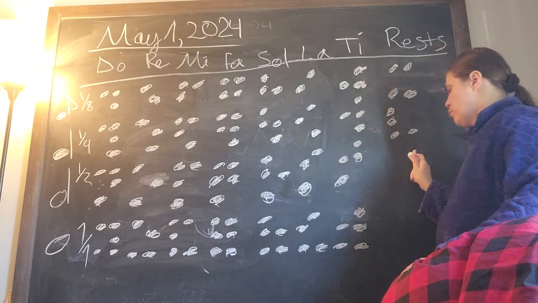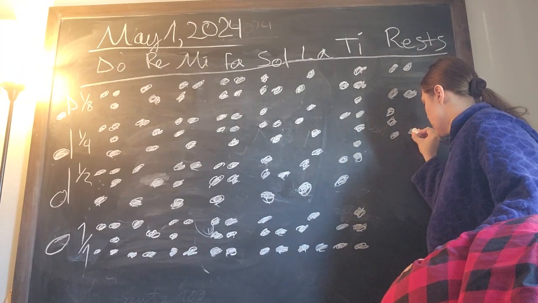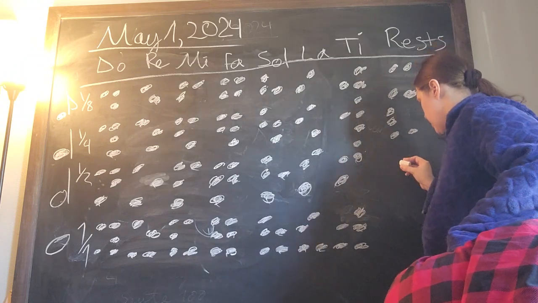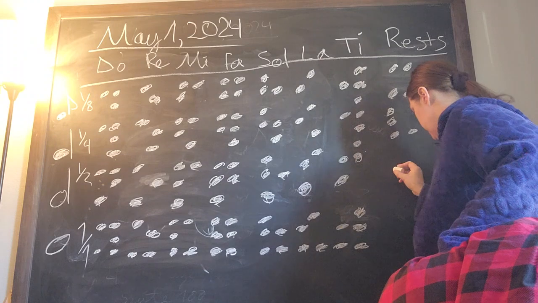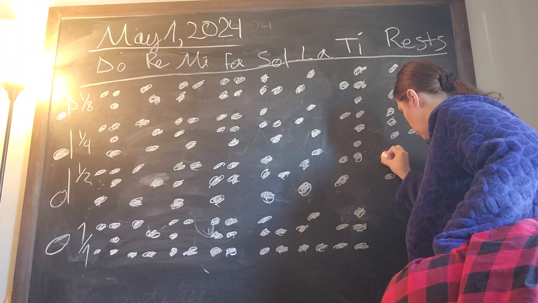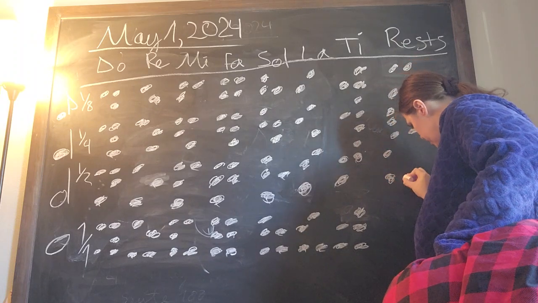There is no rhyme or reason. It's just one of those things you just memorize. The half rest is dots 1, 3, 6.